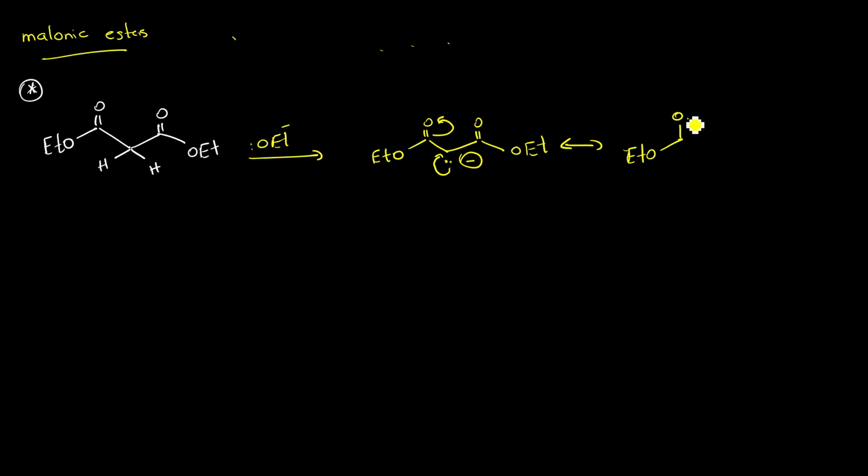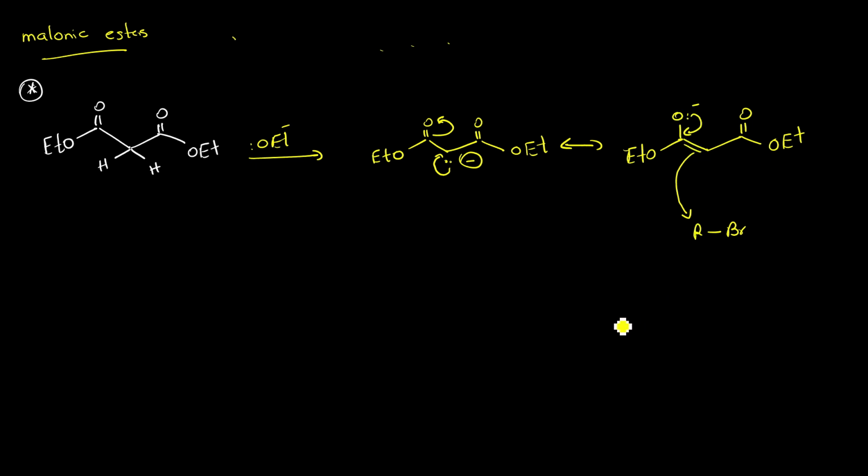Now here we have the negatively charged oxygen, and here we have the double bond and the OEt. Now let's say you have an alkyl group and a bromine here. This double bond can attack the R group because there's a leaving group here. This attack is facilitated by the formation of the double bond between the oxygen and carbon.